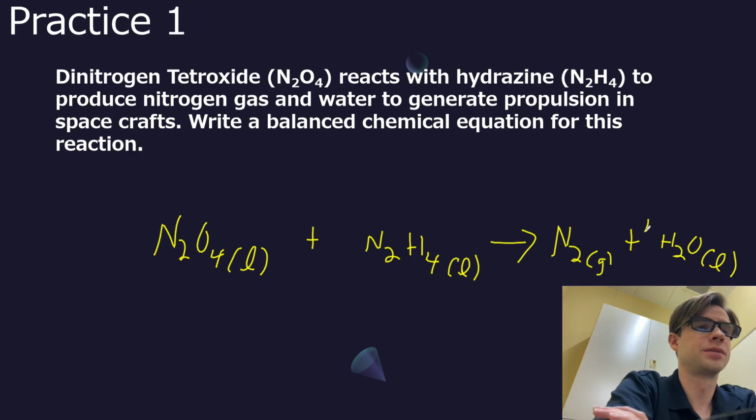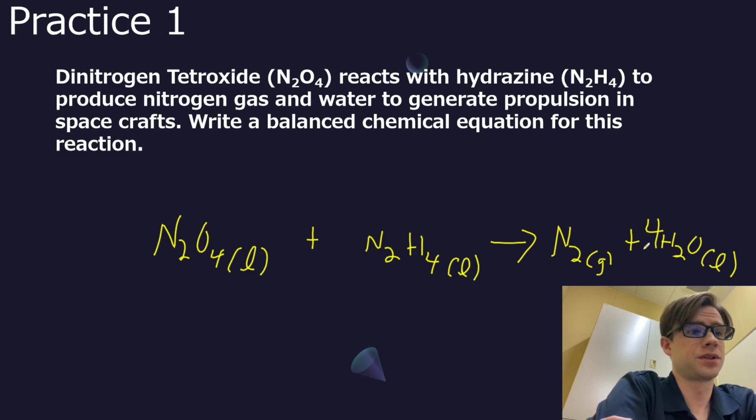That's where I'd probably start. So if we have 4 H2O there, we definitely need 2 N2H4 as well, because the only thing on the left that has hydrogens is N2H4. How to get 8 there? We have to double this, definitely.